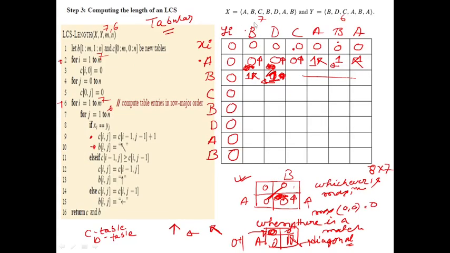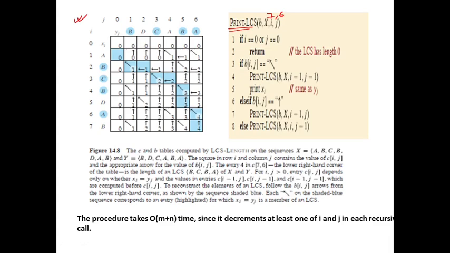The first function is the LCS length, and the second function, print LCS, is the final function, which will display the actual characters participating in the S1 string and S2 string. That means the longest common subsequence, the actual characters that are participating. So 7, 6. You see, if i equal to 0 or j equal to 0, return. Here it is false. And then if B[i][j] equals the diagonal arrow.